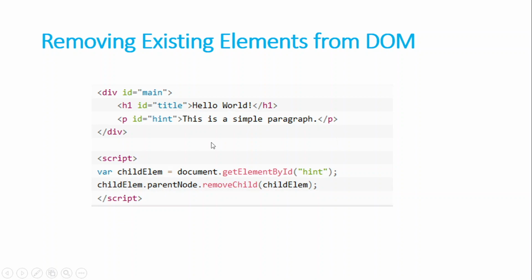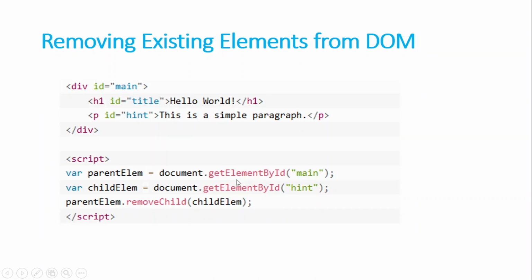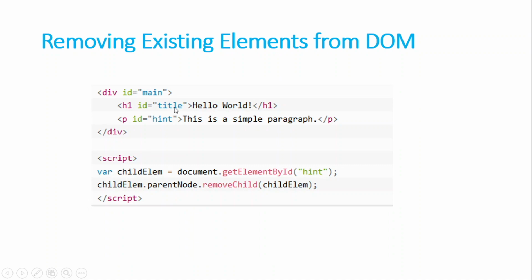Let's see an example. So now in this case, I'm not grabbing this main container or this main ID container. I'm just grabbing the element that I want to remove, this hint element, the child element, and on that child element I'm using a parentNode property, and after that we are using removeChild. So earlier we were using this removeChild on a parent element directly, but in this case we are not getting the parent element.